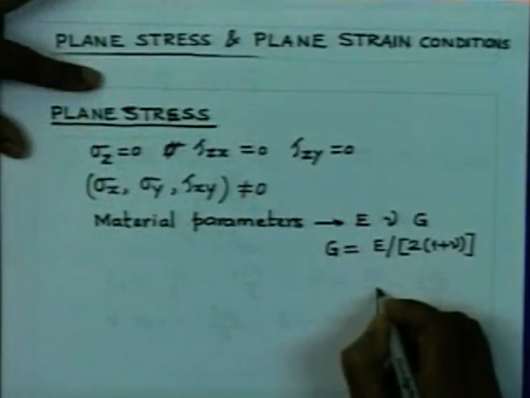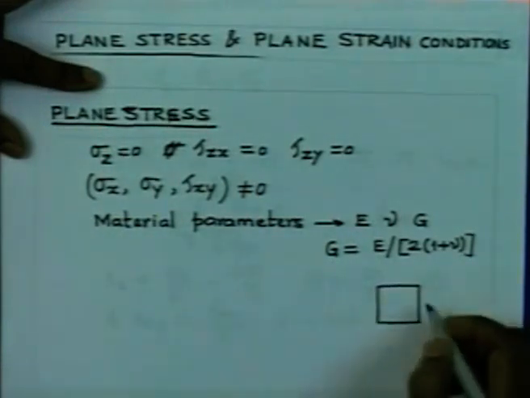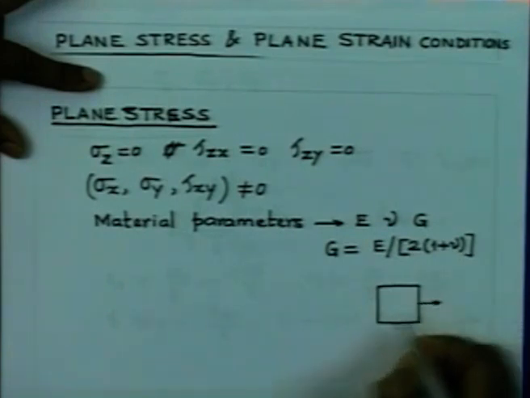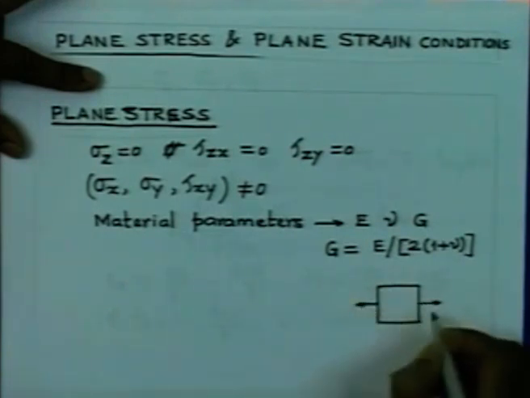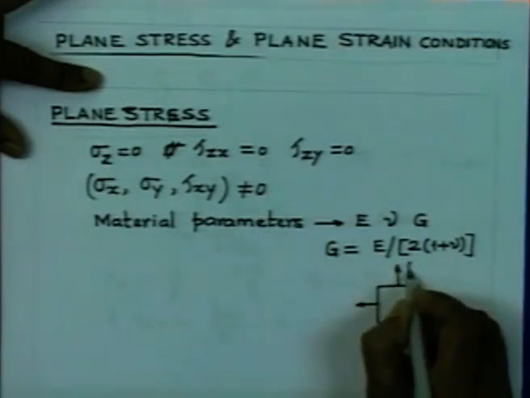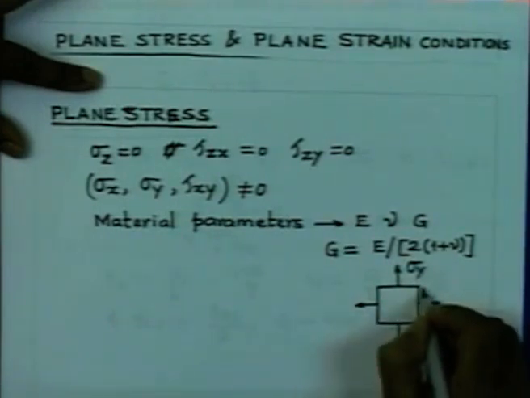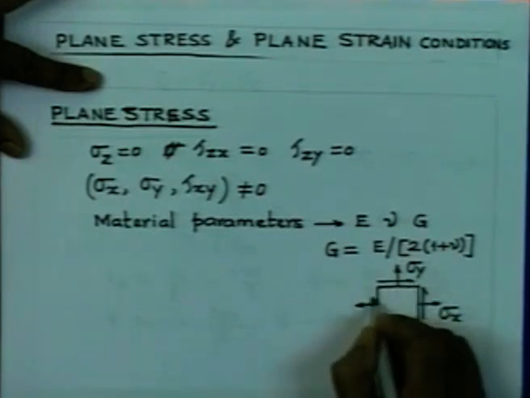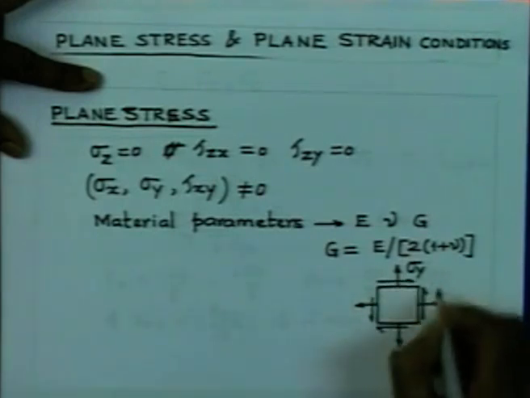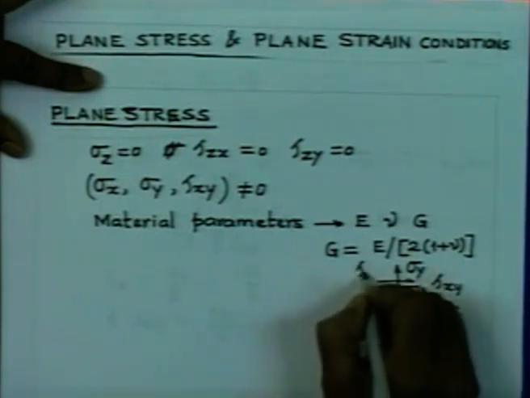So, if we now consider an element of the thin plate which is in a state of plane stress, that element is going to be subjected to stresses like sigma x in the x direction, sigma y in the y direction and tau xy and tau yx as the shear stresses.